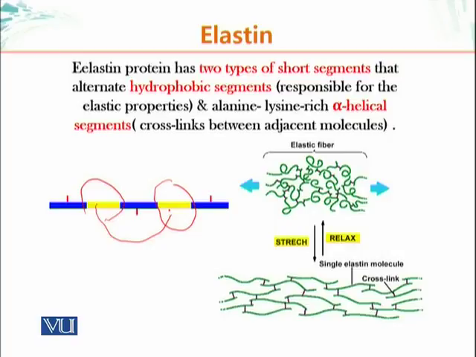And here you have these stretches where you have lysines, and these lysines are used to form cross-links, intermolecular bonds between two elastin molecules. So this is elastic fiber in its resting stage.